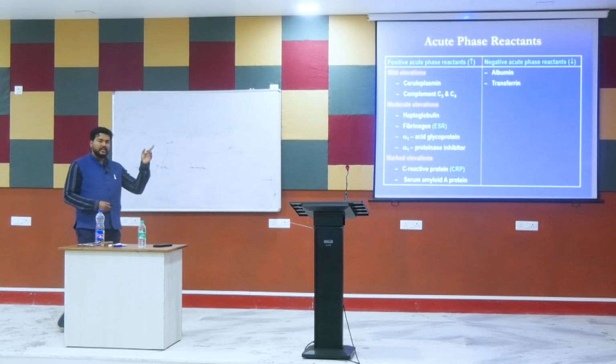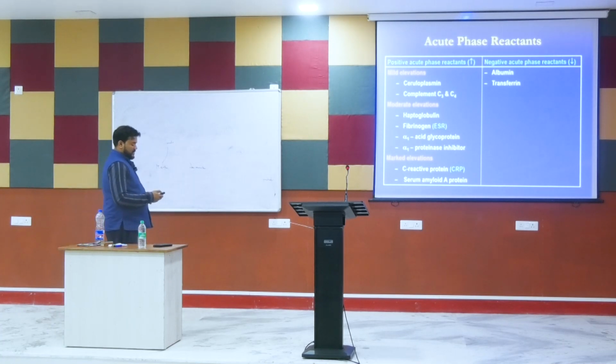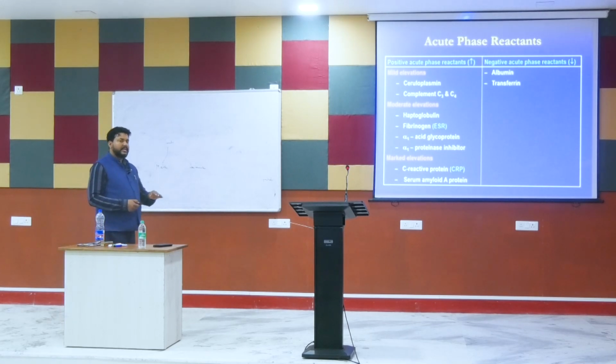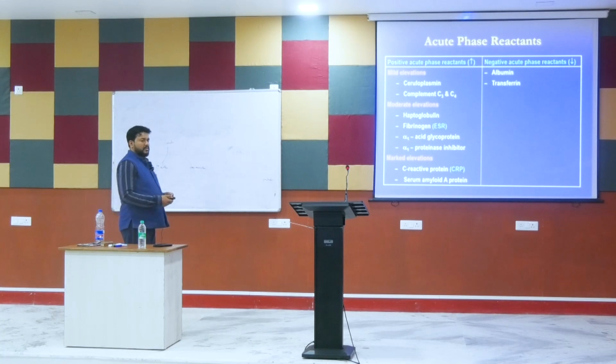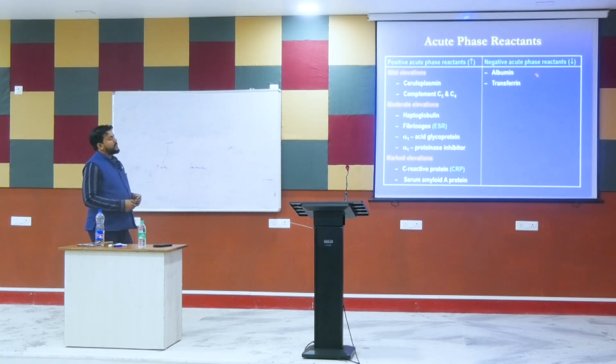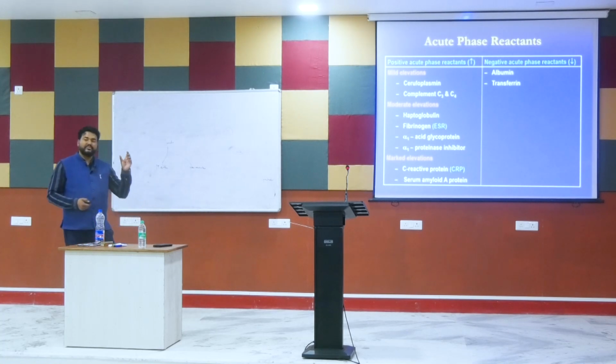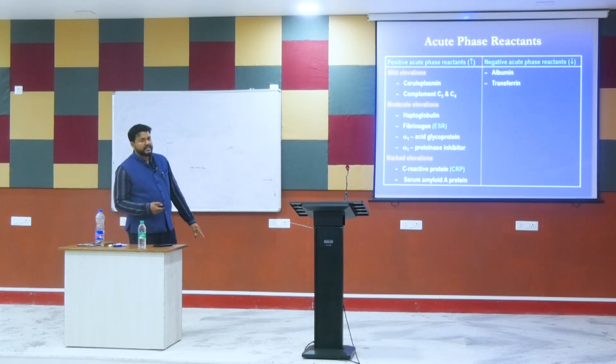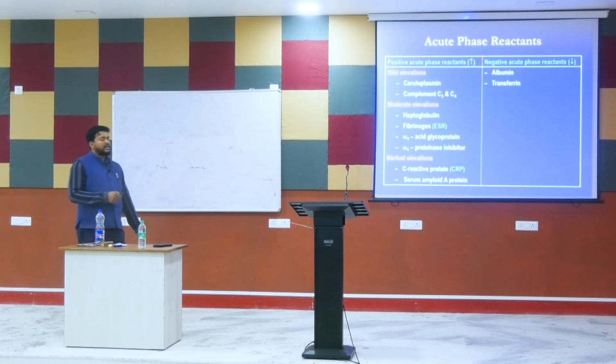In inflammation these proteins are elevated. Negative ones, like albumin: in inflammation, albumin level usually decreases, or transferrin. There is another protein called ferritin. Have you heard the name ferritin? Ferritin is a positive phase reactant and transferrin is a negative phase reactant.